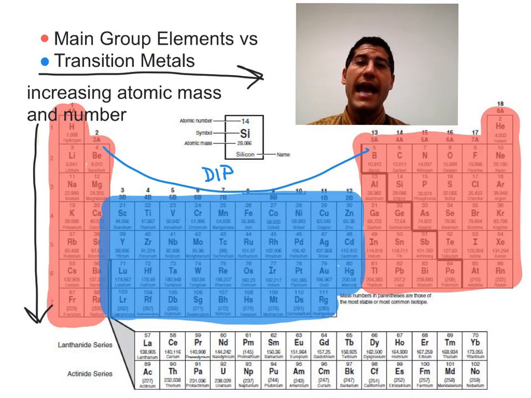In other words, the atoms of each element have more and more particles in their nucleus. Also, we are mostly concerned with the main group elements in this class. Main group elements are those elements in the columns with a group number and an A. Transition metals are in the dip, and we need to remember to skip the dip in this class.